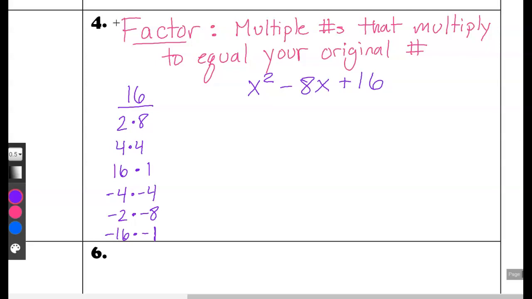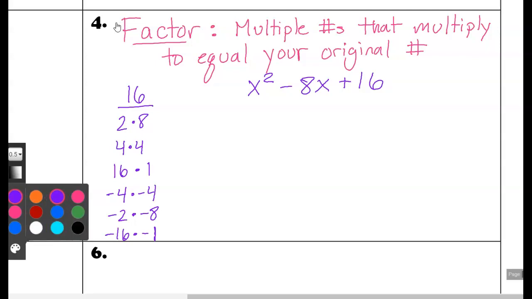We're being asked to factor this quadratic, meaning that we need to come up with two sets of parentheses that will multiply together to equal our original quadratic. That's the definition of a factor: things that multiply together to equal your original expression, x squared minus 8x plus 16.